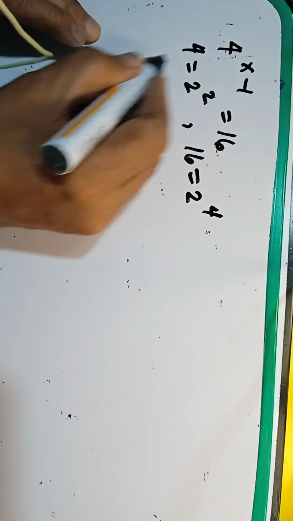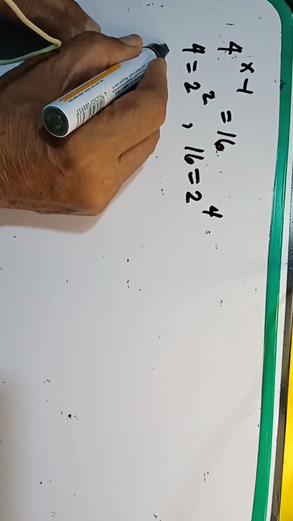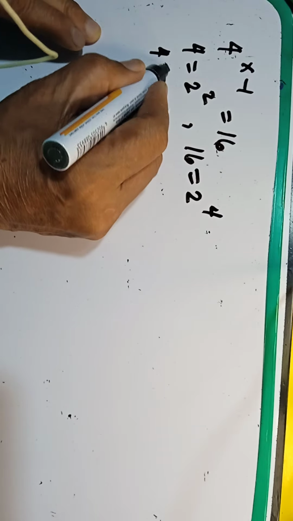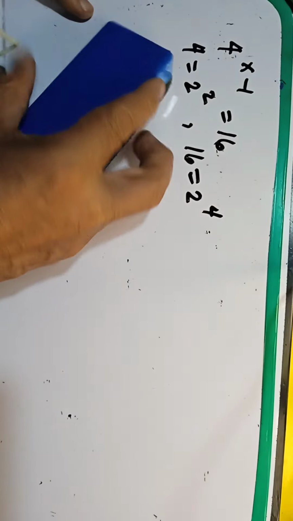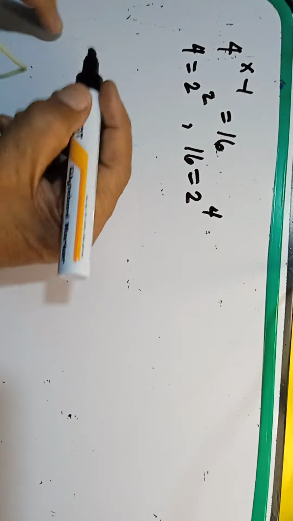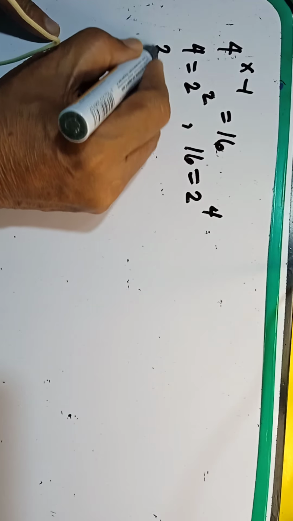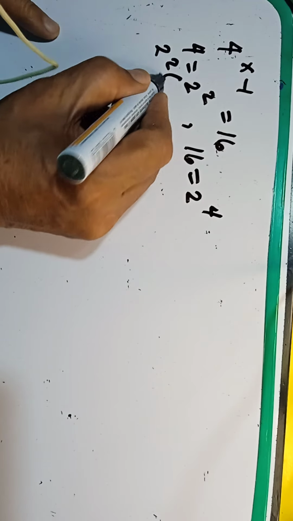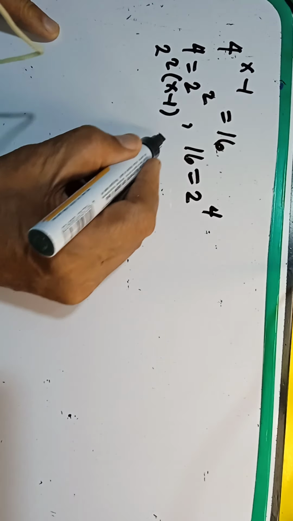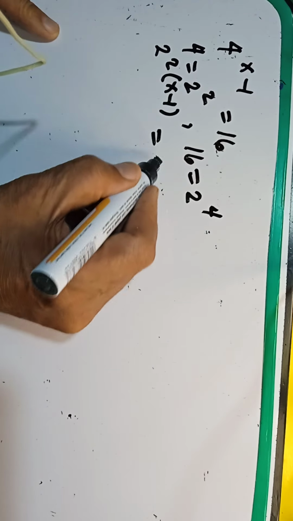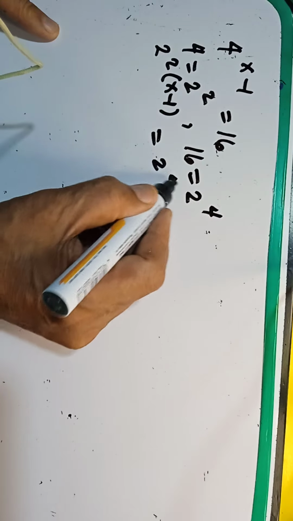So, we will express 4 as a base of 2. So, 4 becomes 2 raised to 2 times x minus 1 is equal to 2 raised to 4.